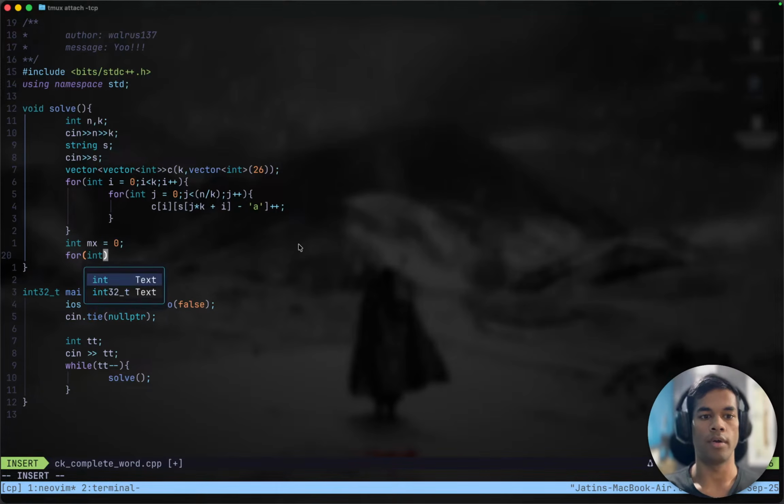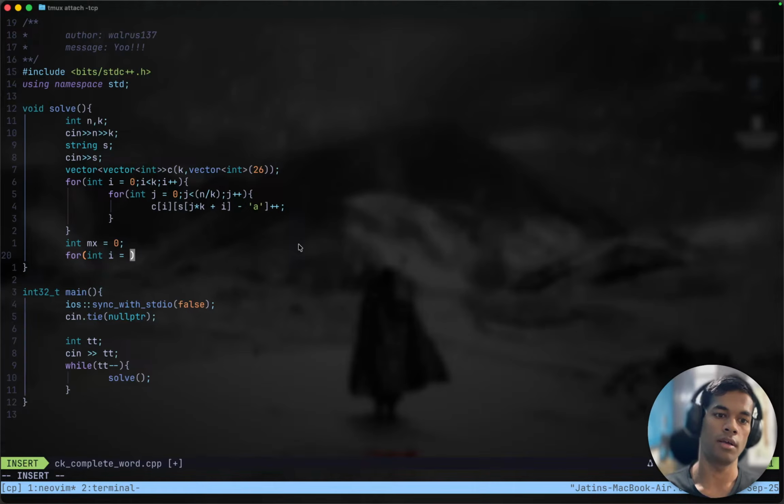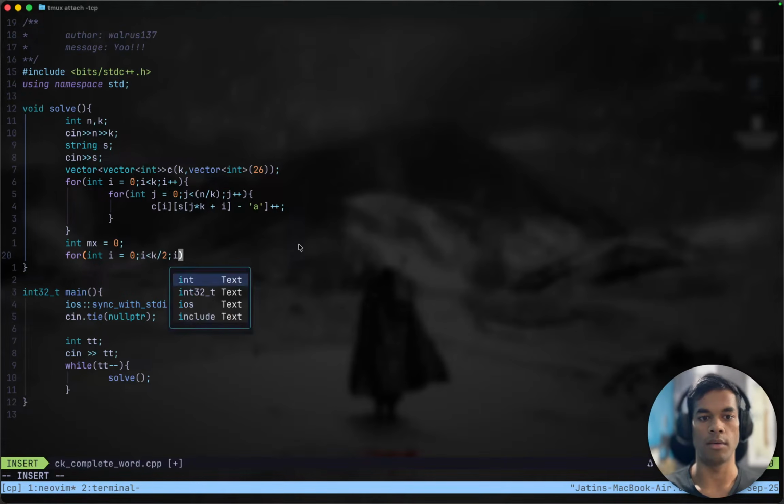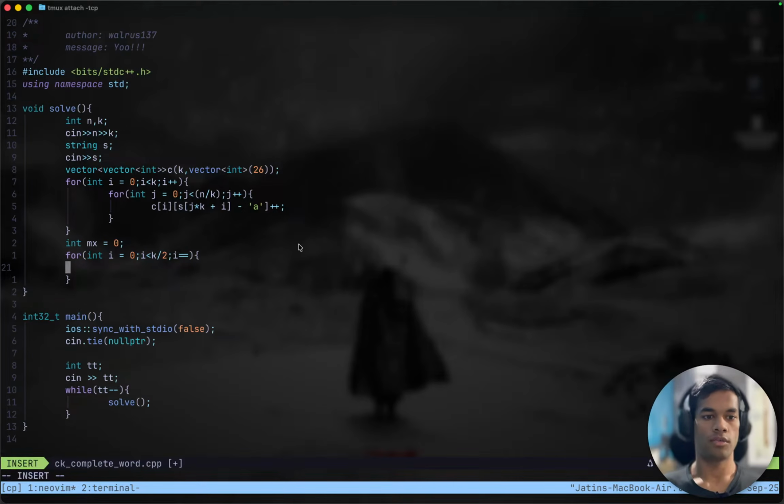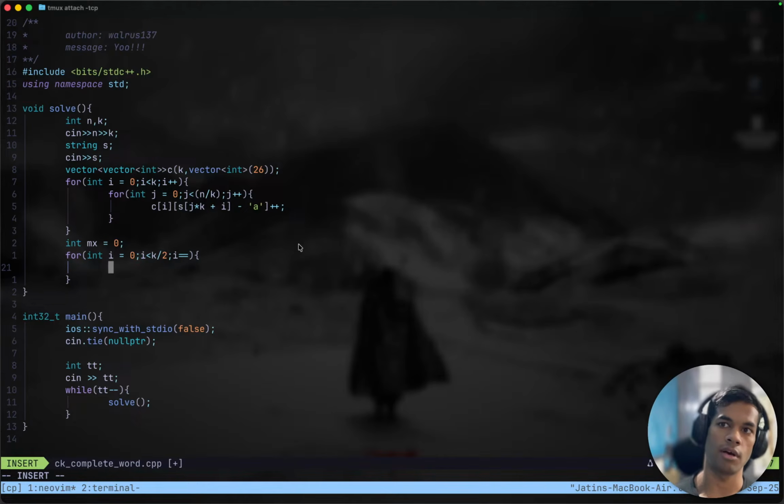And then, for int I equals 0, I less than K by 2, I plus plus. So we need to update the current one. In this current position, how many A's I have, how many B's I have, how many C's I have, it will depend on that.